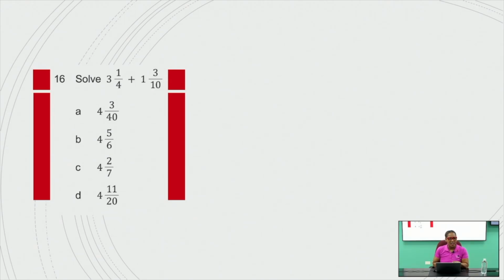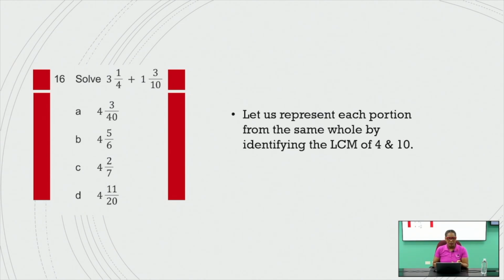Can we add fractions of different denominators? Not quite. It's not as easy as we think. So the best thing for us to do is to represent each portion from the same whole. How do we do that? We identify the LCM for both 4 and 10. What is LCM? LCM is the lowest common multiple.